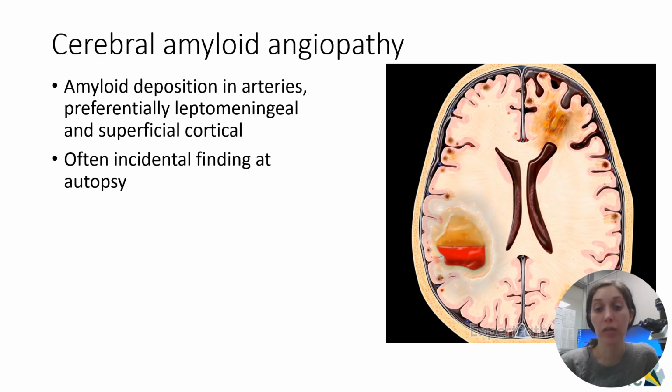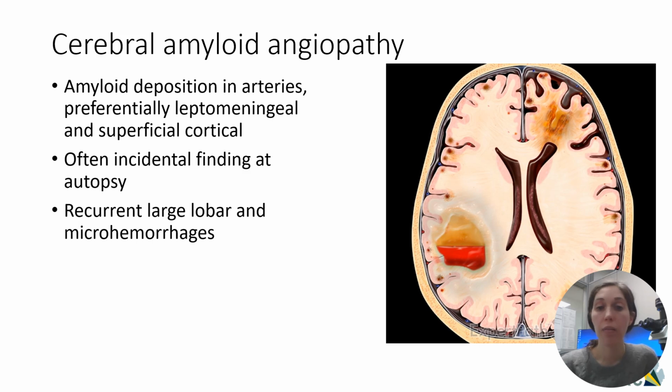So this is often just an incidental finding at autopsy. Often it's not associated with any clinical symptoms. But when there are clinical effects from this, it's usually hemorrhage or basically blood outside of the blood vessel. And this occurs because when the amyloid deposits in the walls of these vessels, it makes them kind of fragile.